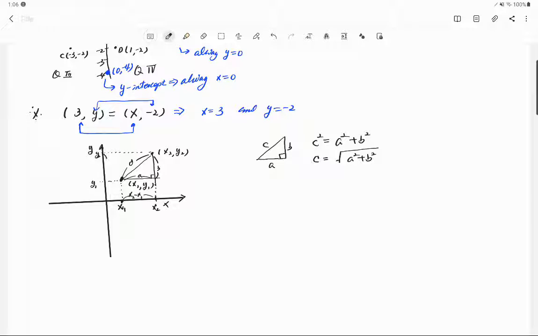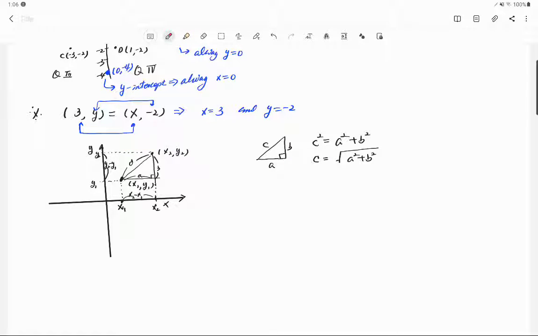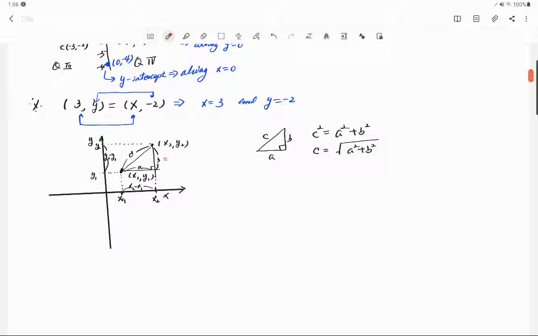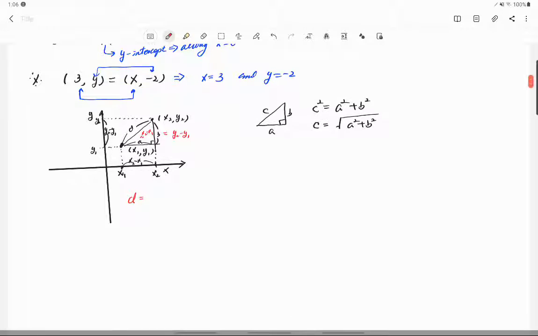So this distance is y2 minus y1. So b equals y2 minus y1, and a equals x2 minus x1. So using the Pythagorean theorem, d equals the square root of what? a squared plus b squared.